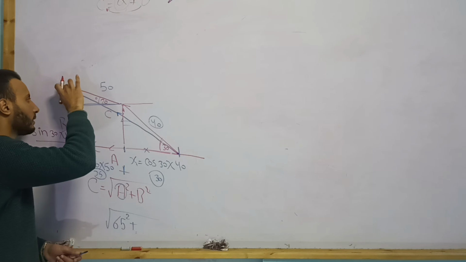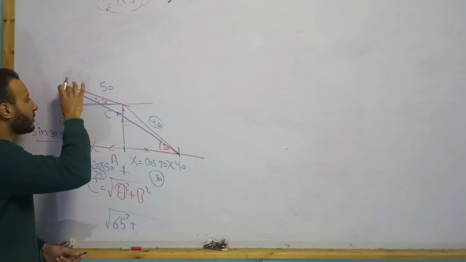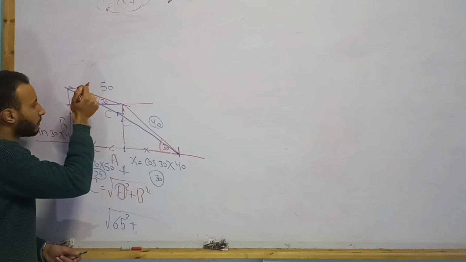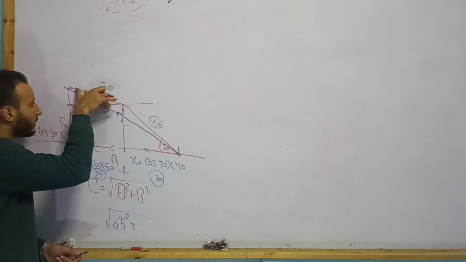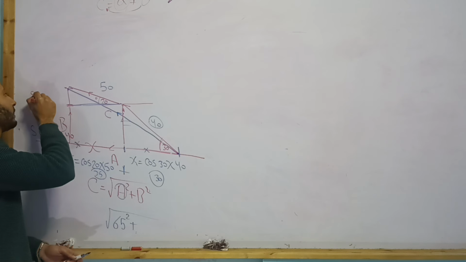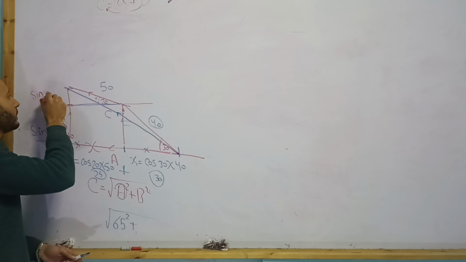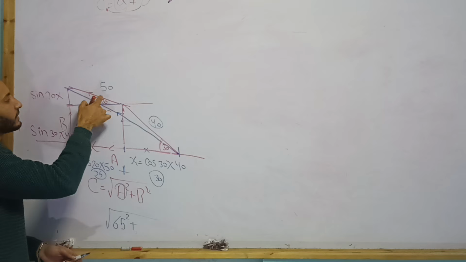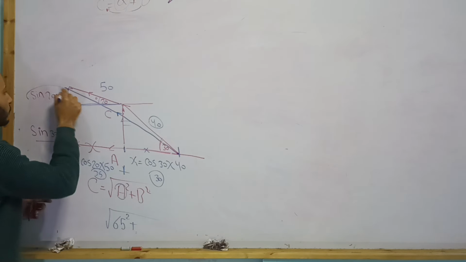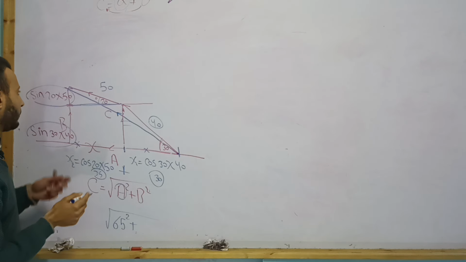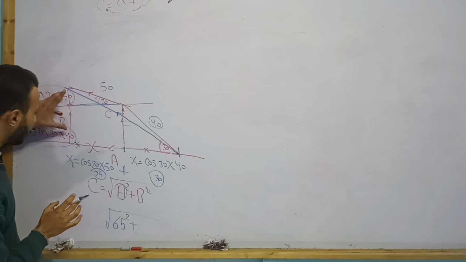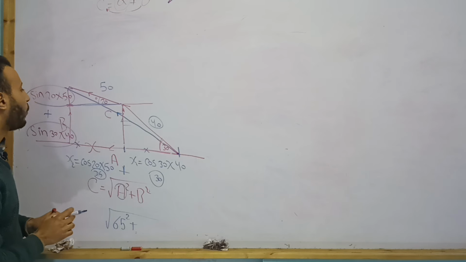Let's get this part, the smaller one. Okay, this part is equal what? This part is the y component of this vector. So how can we get the y component? I'll say sine the angle, which is 20, times the vector, which is 50. Okay? After you get the answer of this one, and you get the answer of this one, make a summation between them, and by making this summation, you can get the total y.